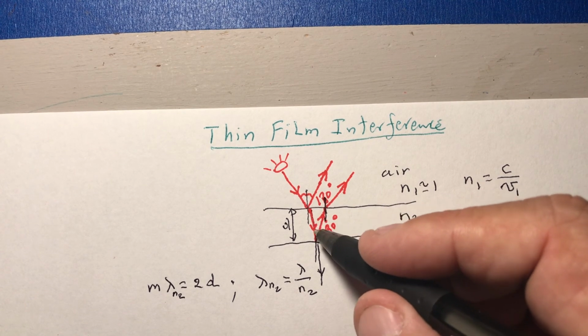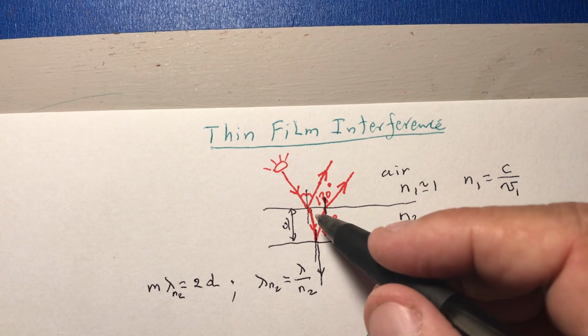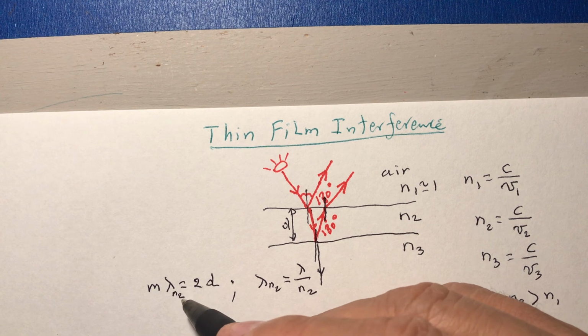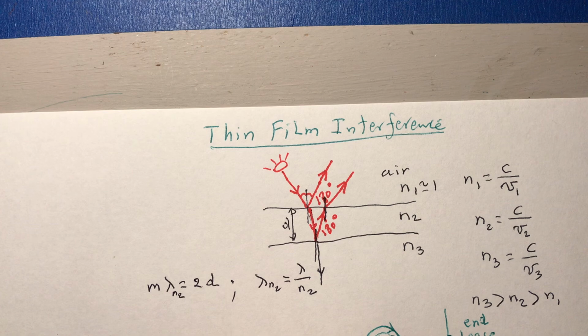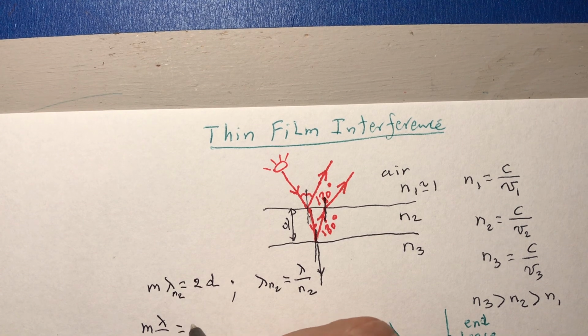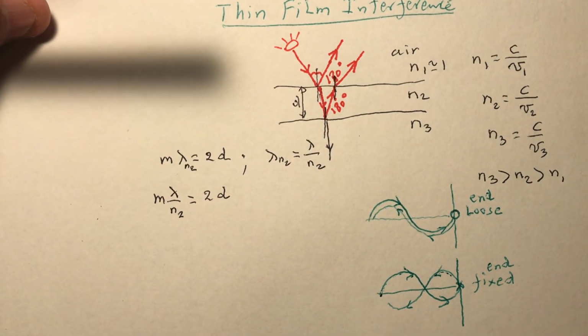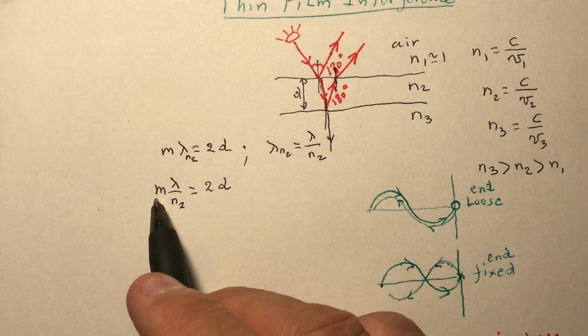So the wave here is going to shorten by this index. So the wave that's traveling here, we call it lambda n2. So my equation becomes this: m lambda over n2 is equal to 2d. Let me move up, sorry. Move up like this. Okay, m lambda.